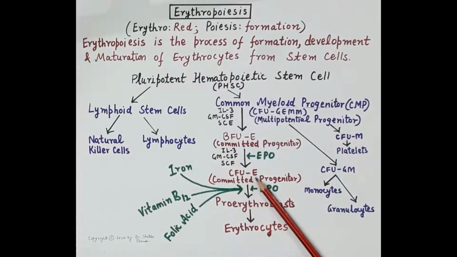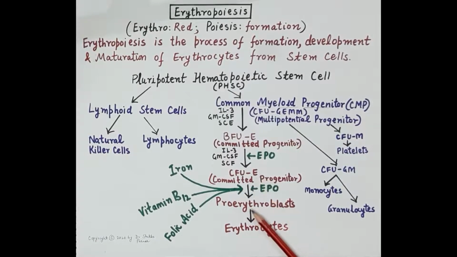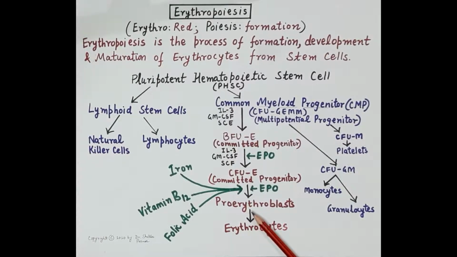Now these colony forming unit erythroid further develop into proerythroblast, and these proerythroblasts undergo a number of divisions and differentiations, and finally they develop into mature RBCs termed as erythrocytes. Now for the process of formation of these erythrocytes, hematinics are very important.